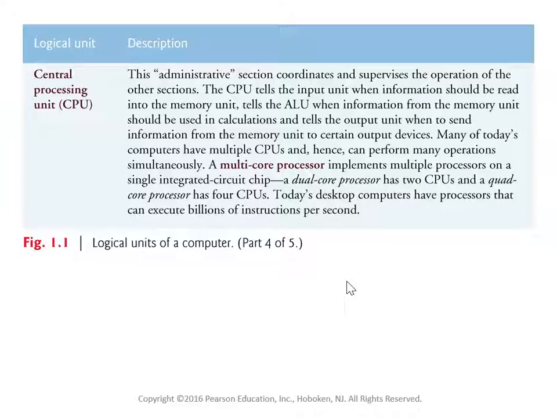So multi-core, you'll hear this term dual core and quad core processors. Basically, that means that there's multiple CPUs on the same chip, which can be running different programs at the same time. They share the same memory, the same hard drive, same inputs, same outputs, so they're not 4 times faster.